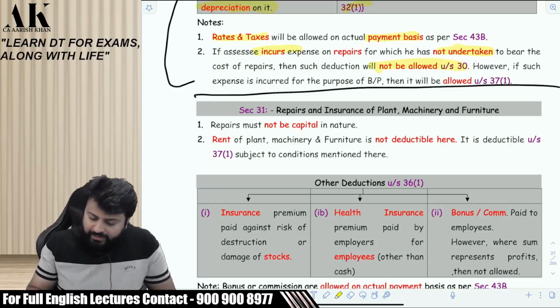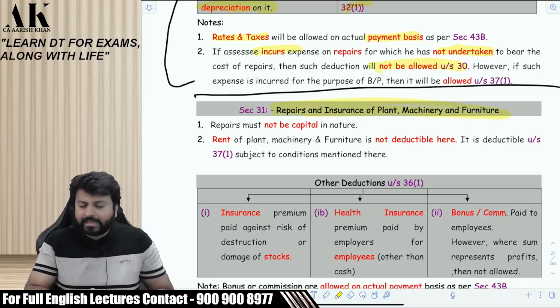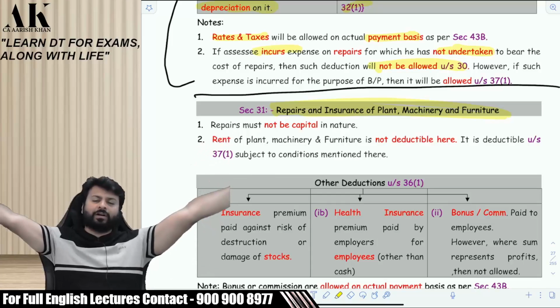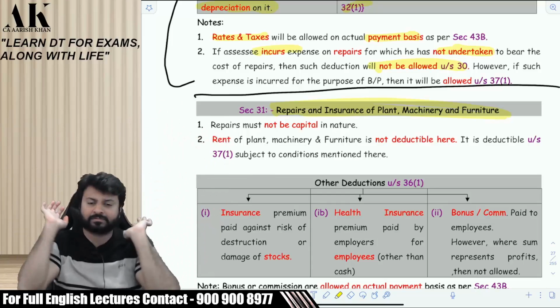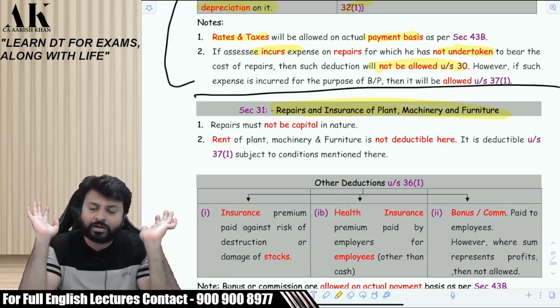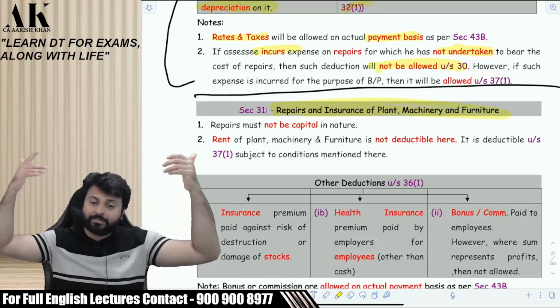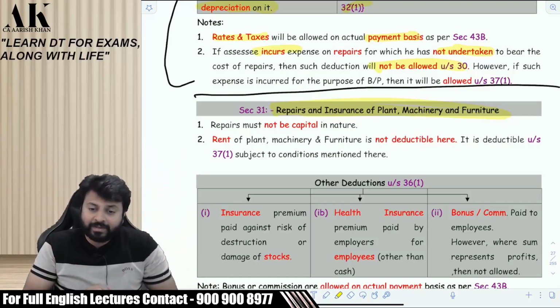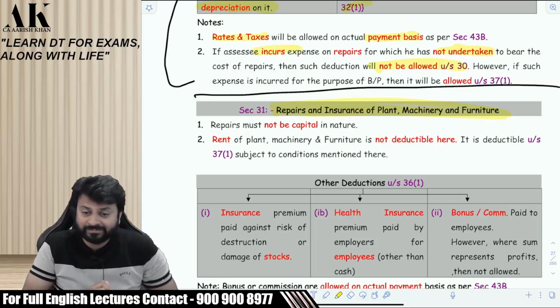Listen carefully. Read the heading properly. Repairs and insurance of plant, machinery, furniture is covered. Don't make amendments in the exams. Please. You are very much eligible to make all kinds of amendments that you can make in exams. You will go in exam and make new amendments. The examiner will be surprised with you. And he will say that now the student is so intelligent that they are recommending Finance Act 2023.